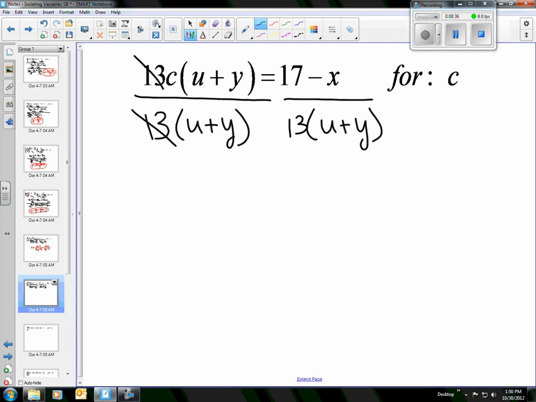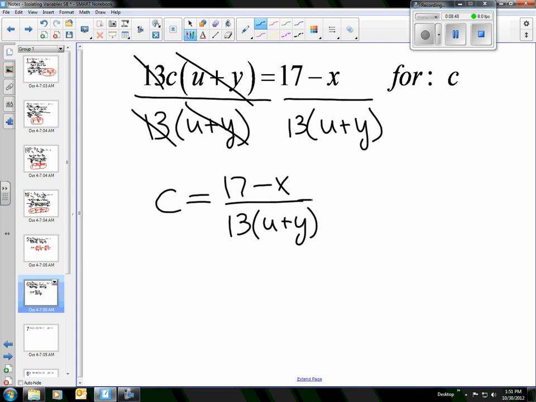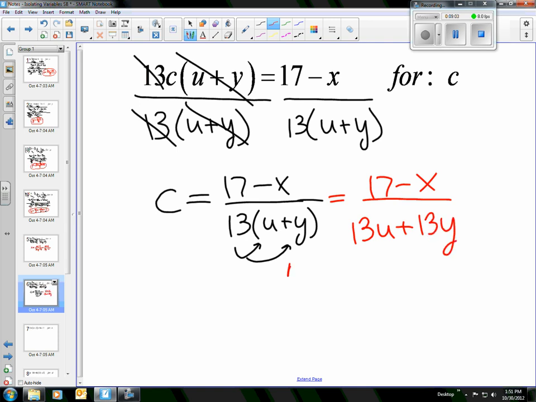Here the 13s will cross divide, the u plus y's will cross divide, and I'll be left with c equals 17 minus x over 13 times u plus y, like that. And again, you could use the distributive property on the bottom if you would like. That would yield 13u plus 13y. So either one of these answers will work.